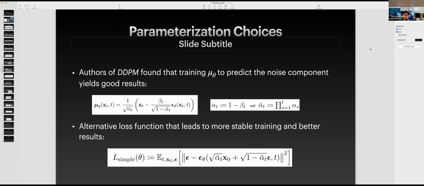So taking the parameterized epsilon, the parameterized noise, and then scaling it with betas and these alphas that depend on the betas, they found that this yields pretty good results. And then manipulating the loss function to reflect these choices, they found that training became stable and led to better results.